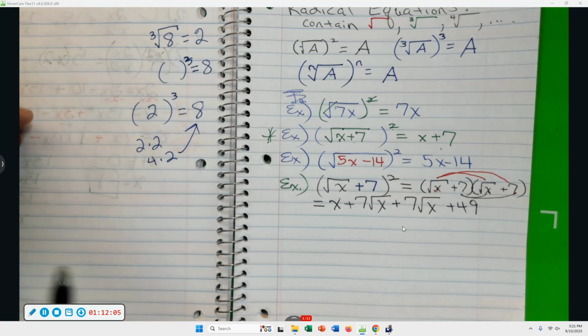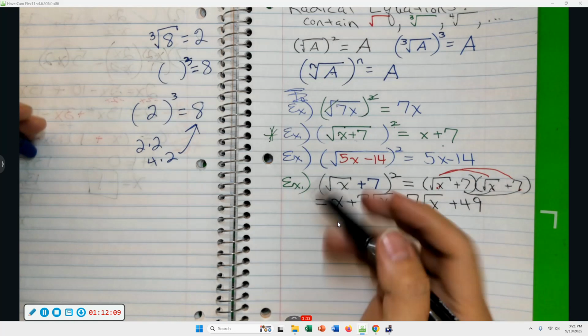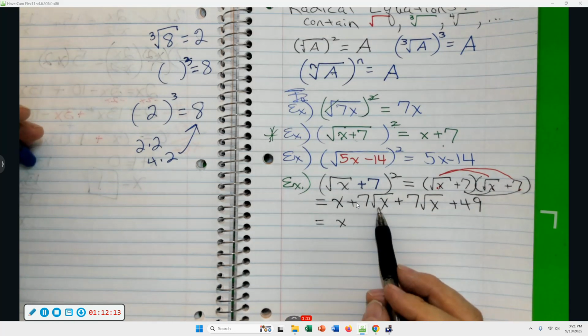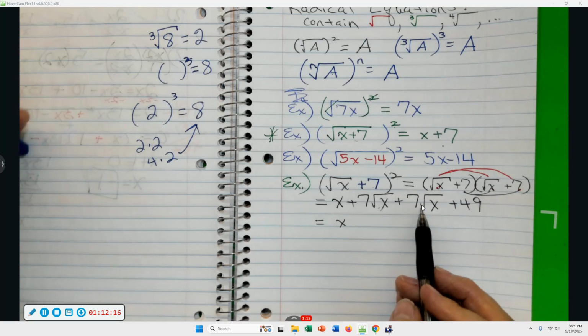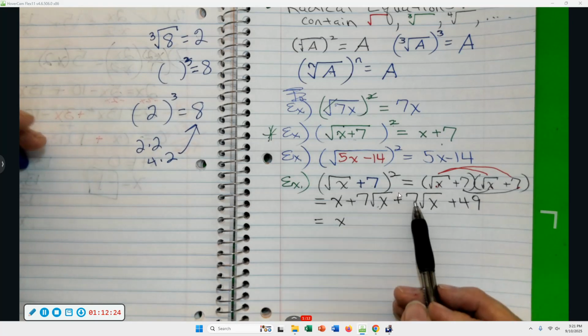So we started off with the square root. We squared it. What's that going to give us? We have an x, 7 square roots of x plus 7 square roots of x. How many square roots of x are we going to have there? 2? No. 7 plus 7.